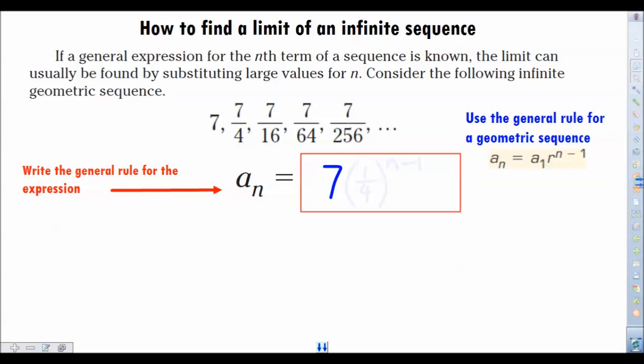And so what impact does that have on the 7? Well, it makes that 7 become less important. And by important, I mean it becomes closer and closer to 0 too, because that 7 is getting multiplied by that number that's close to 0. And so we can express this as the limit as n approaches infinity of 7 times 1/4 raised to the n minus 1 power. And we can say that limit is equal to 0.